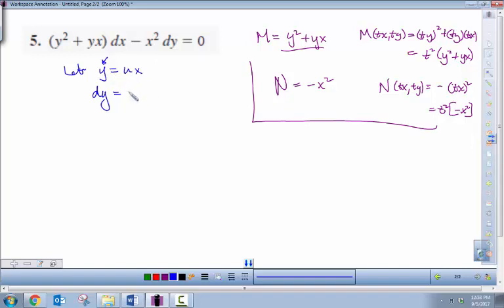So this is the product rule. Let's do the first times the derivative of the second plus the derivative of the first times the second. By doing this, we're essentially replacing your dy with something else, aside from replacing the y's with something else. So this is our substitution. And now what do we have?